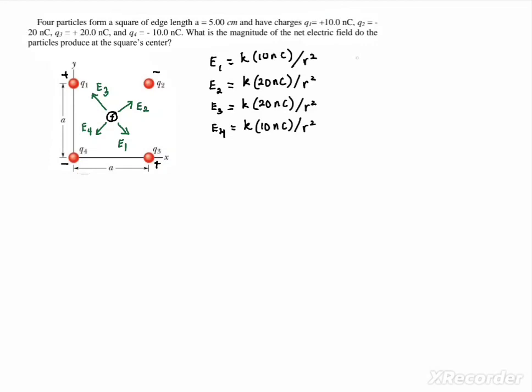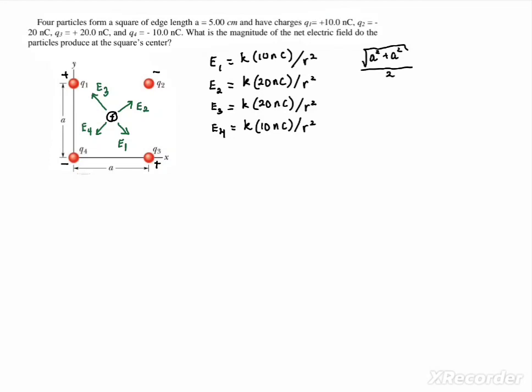So let's just find the value of R. So R is the diagonal, divide by 2. So as you can see, this little triangle here, so Pythagorean theorem can be applied because it is a right angle triangle. So the diagonal would be a squared plus a squared square root, and then that is the diagonal, and then R is half of that.